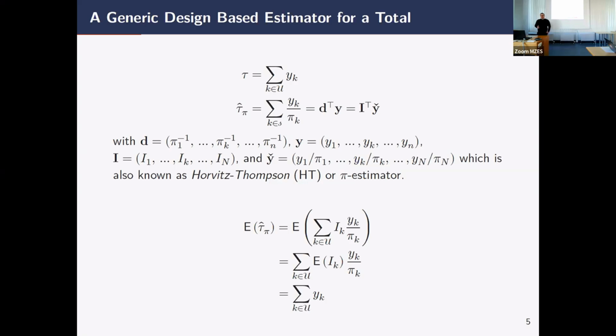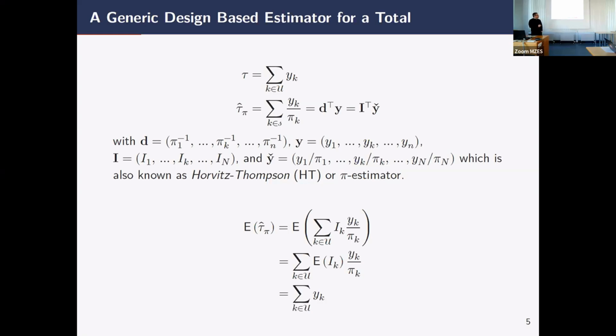Why is this an unbiased estimator for the total? Just down below, I'm now looking at the expected value of this estimator. So it takes on the sum form here, and I put the expected value around this sum. And if you remember, the only random variable here in this whole framework is I. This is the sampling indicator.